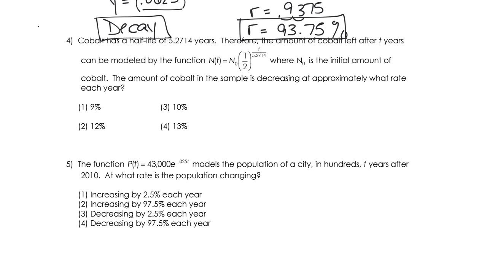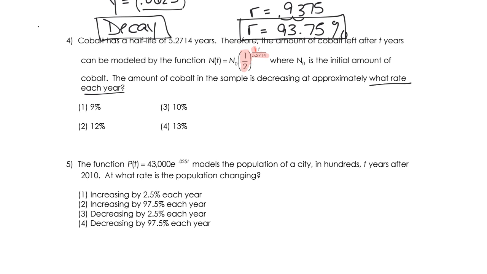And so they want to know the amount of cobalt in the sample is decreasing at approximately what rate each year. So all we have to do is realize that we want to take our base and raise it to our exponent, but you do have to realize there has to be a 1 on top. And so we're going to type in 1/2 in our calculator, raised to the 1 divided by 5.2714.